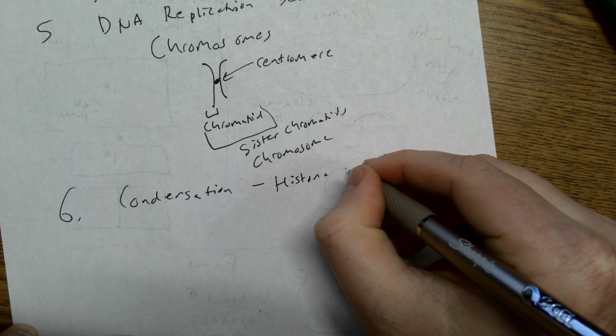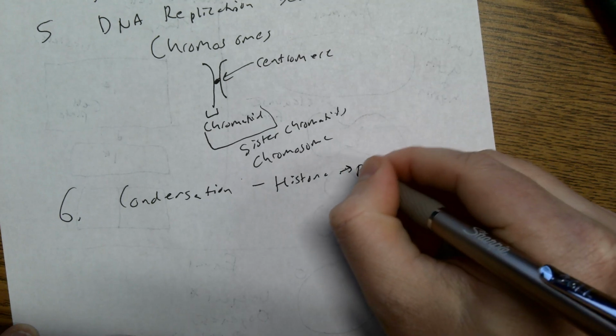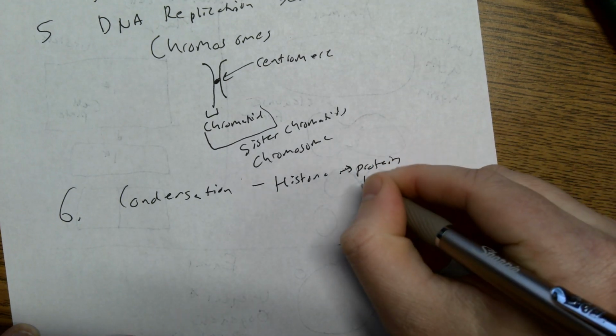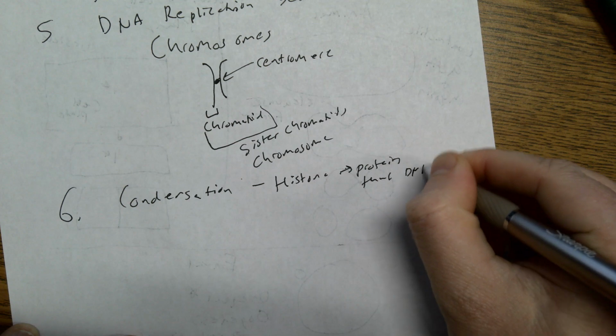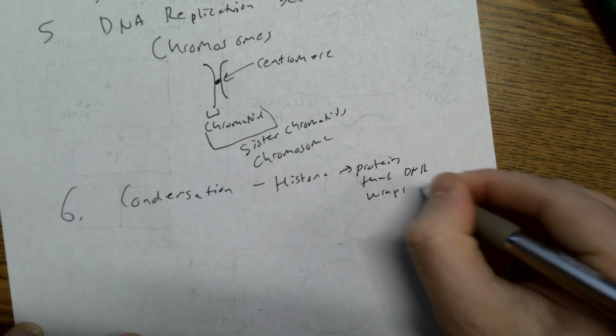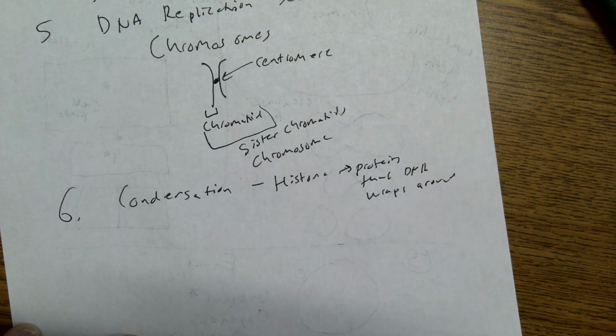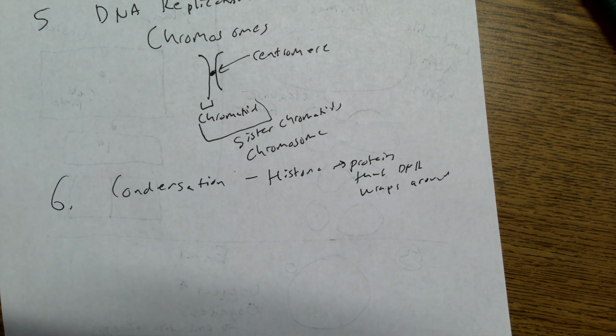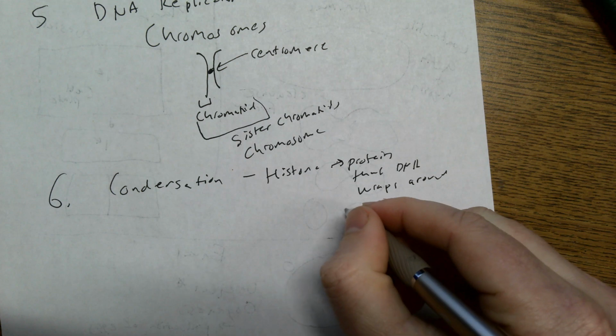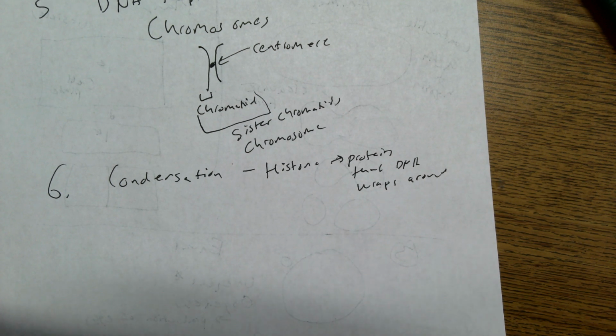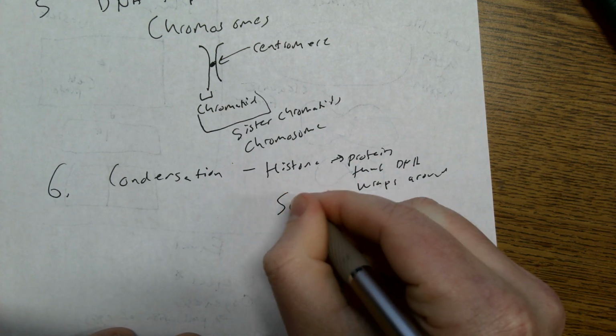Histones are proteins that DNA wraps around. And if you're in HL, you know that those form nucleosomes. Okay, and so this process here is called supercoiling.